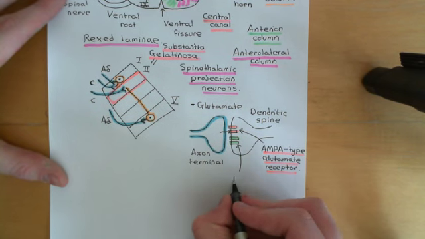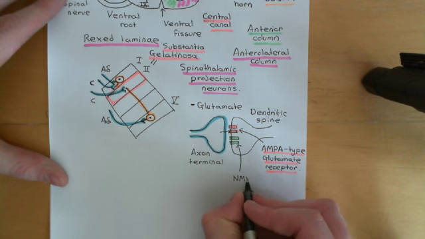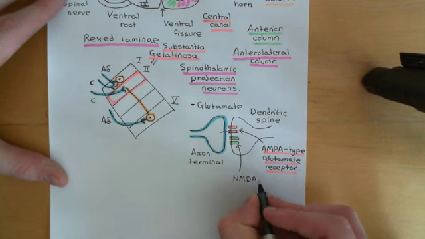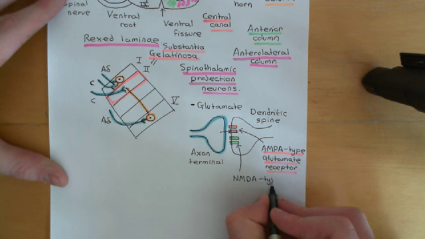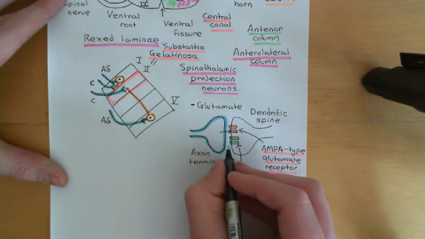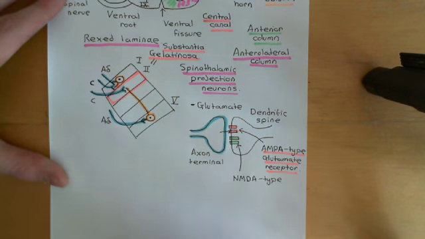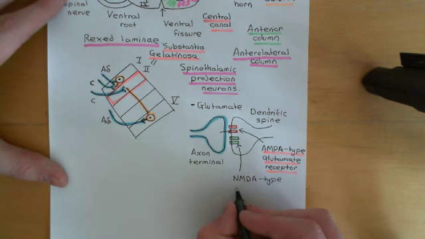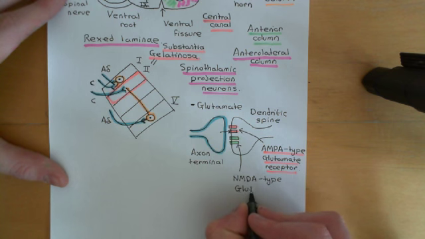And in fact, the exact same thing as long-term potentiation can occur at these synapses here, and that plays a big role in central sensitization, which we'll come across later on. So these are NMDA type glutamate receptors.